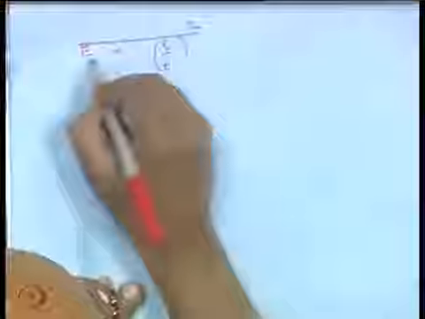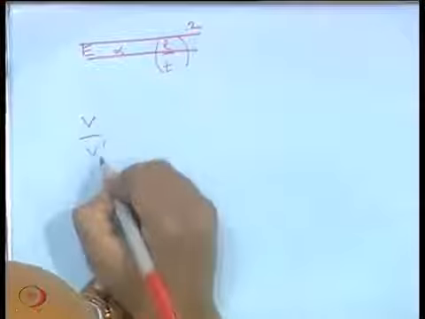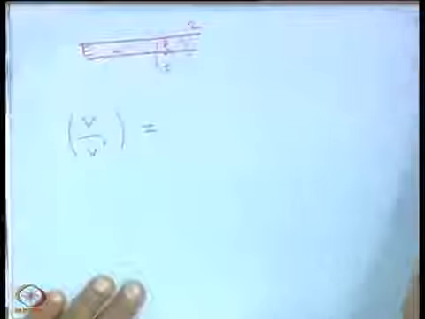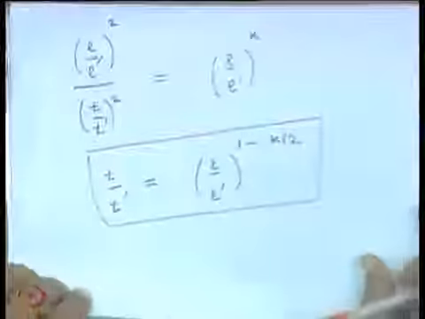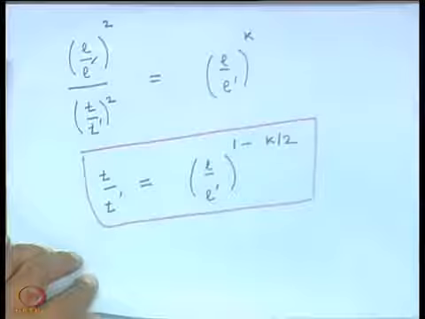So, the velocity v by v prime is going to be equal to, if I change my length scale, how will the velocities scale? I will have a new scaled trajectory with the scaled time. How will the velocity scale? You can work that out by just noting that velocity is L by T.